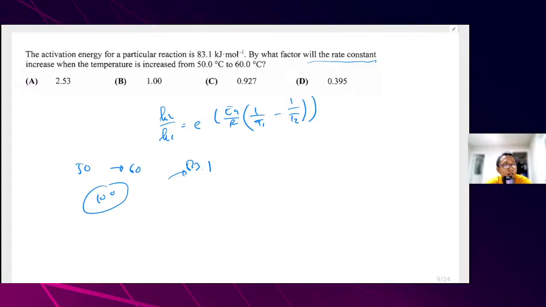Okay, now think that the rate should increase, maybe even double. Now eliminate the options. We start from option D.